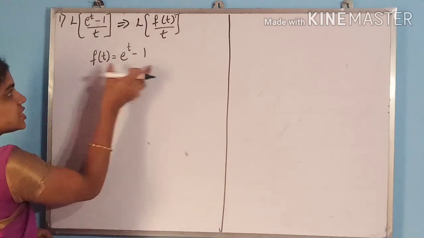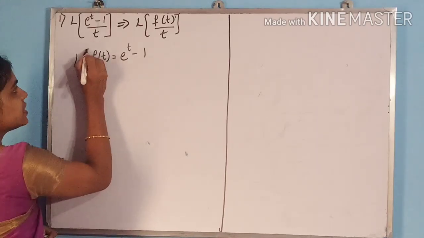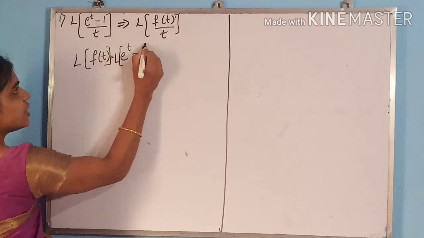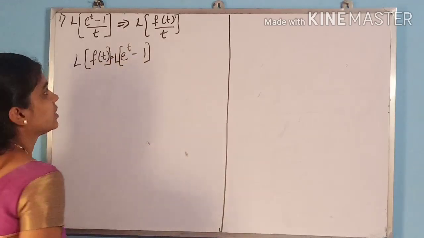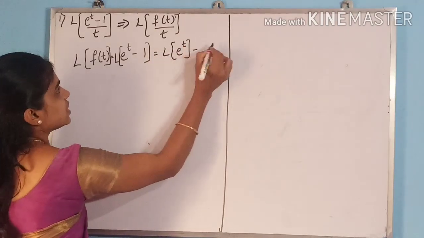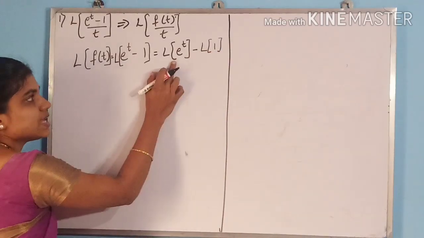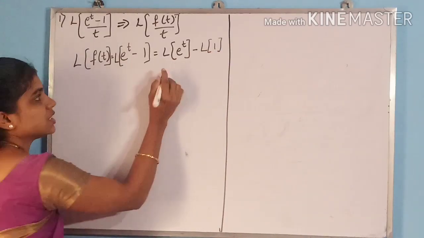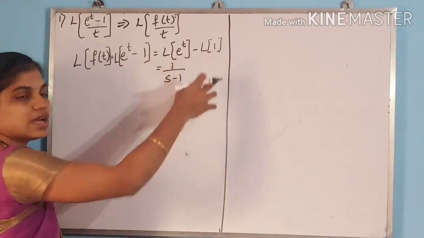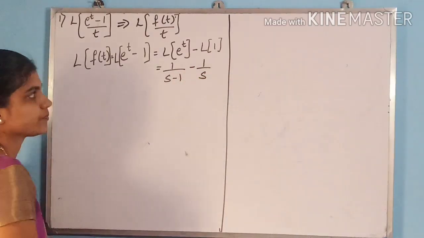So Laplace transform of this is equal to Laplace transform of e to the power t minus Laplace transform of 1. What is Laplace transform of e to the power t? It is 1 by s minus 1, and Laplace transform of 1 is 1 by s.